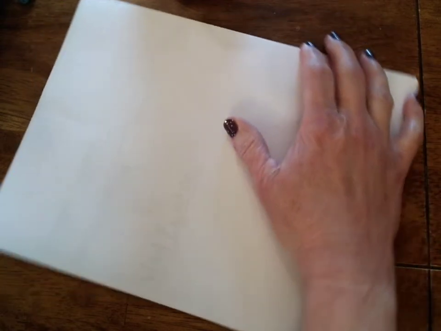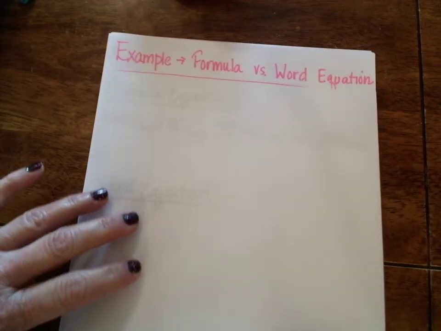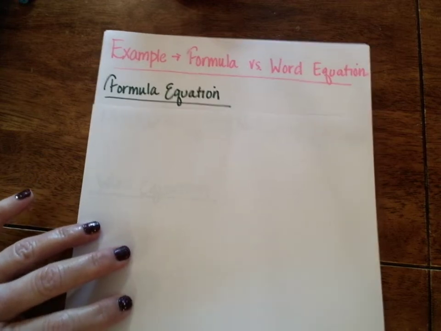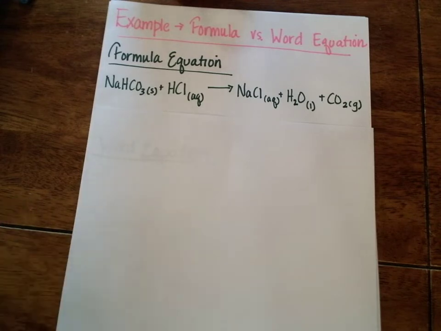Now, we're going to go through an example because you're going to have to be able to do these. So we're going to look at a formula equation versus a word equation. Here's a formula equation. I can take all of that information and write it in a sentence, basically. You just have to understand what all the symbols mean.